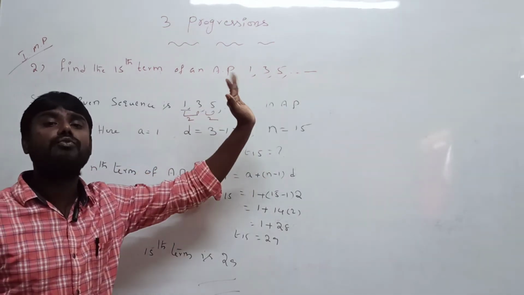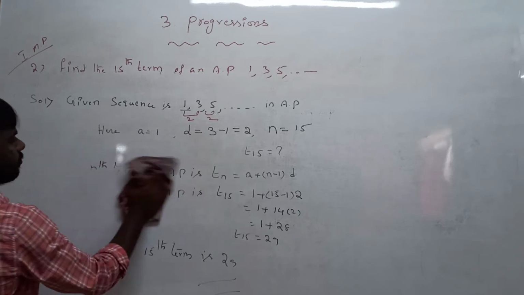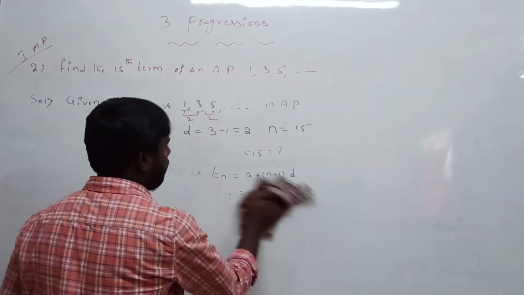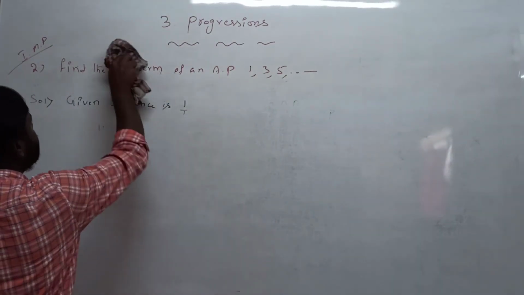To find the 15th term, which we don't know, we apply the nth term formula. Finally, we got the 15th term value is 29. Did you understand? It is clear. Next, go to the third problem. Very easy, 6 marks questions.